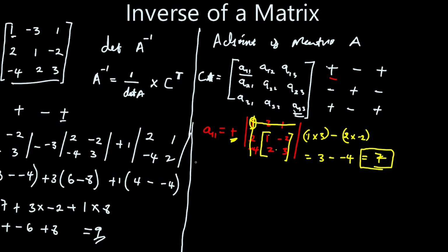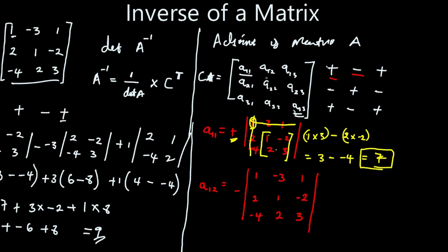So we go to the second element, which is A12. For A12, the sign is negative, so we have a negative. Then we bring back our matrix again, which is 1, minus 3, 1, 2, 1, minus 2, minus 4, 2, 3.